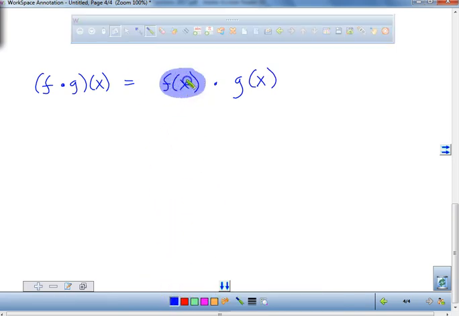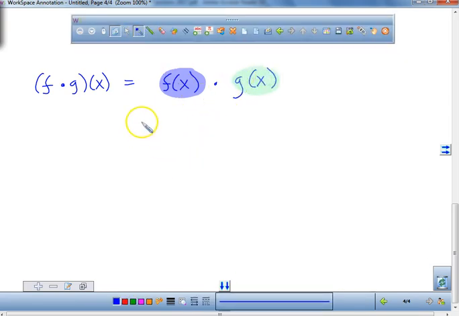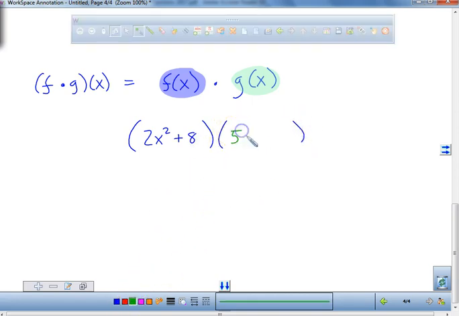So whatever this function is, you are multiplying it to the other function. So we're going to take 2x squared plus 8. We are going to multiply that to 5x minus 6. So in order to do this, we need to review the FOIL method, correct?